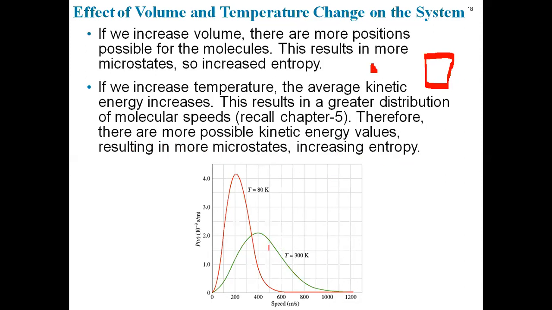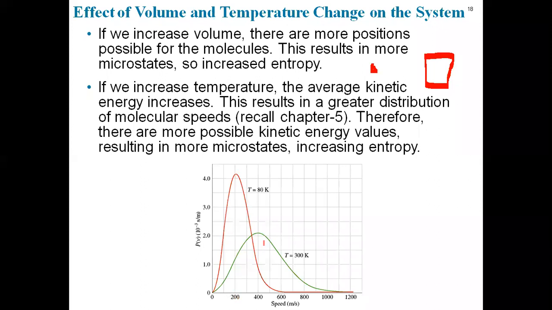So the picture at the bottom of the screen shows a system at 80 Kelvin, where we have this distribution of speed. It is a narrow distribution, so most of the molecules have a speed of about 200 meters per second.